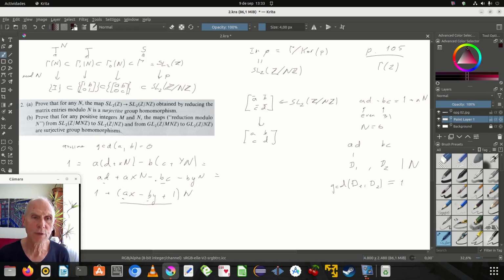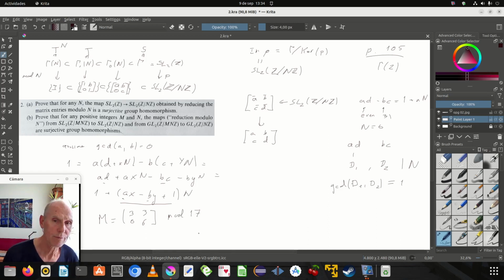actually found our matrix. As a counterexample, while the coffee was brewing, I found the matrix 3, 3, 0, 6 modulo 17. And here A and B have the common divisor 3.